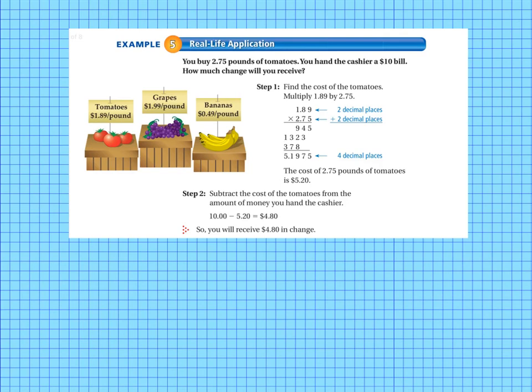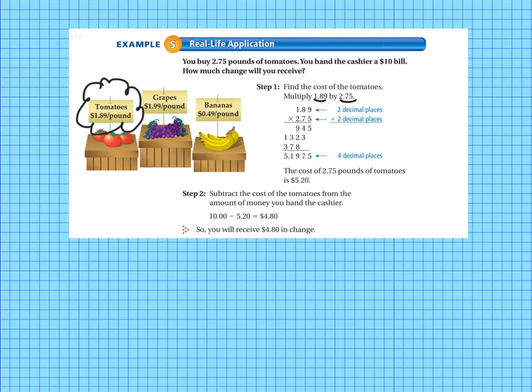Here's our real life application. You buy 2.75 pounds of tomatoes. You hand the cashier a $10 bill. How much change will you receive? So if we look over here, we can see that the tomatoes cost $1.89 a pound. So we have to find our total cost of the tomatoes. So we multiply $1.89 by the number of pounds we bought, which was 2.75.